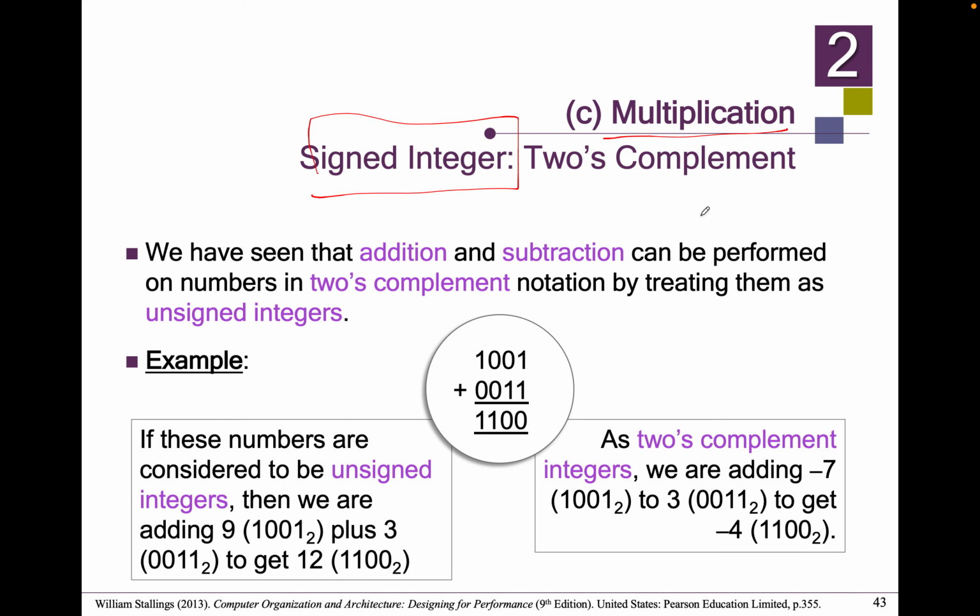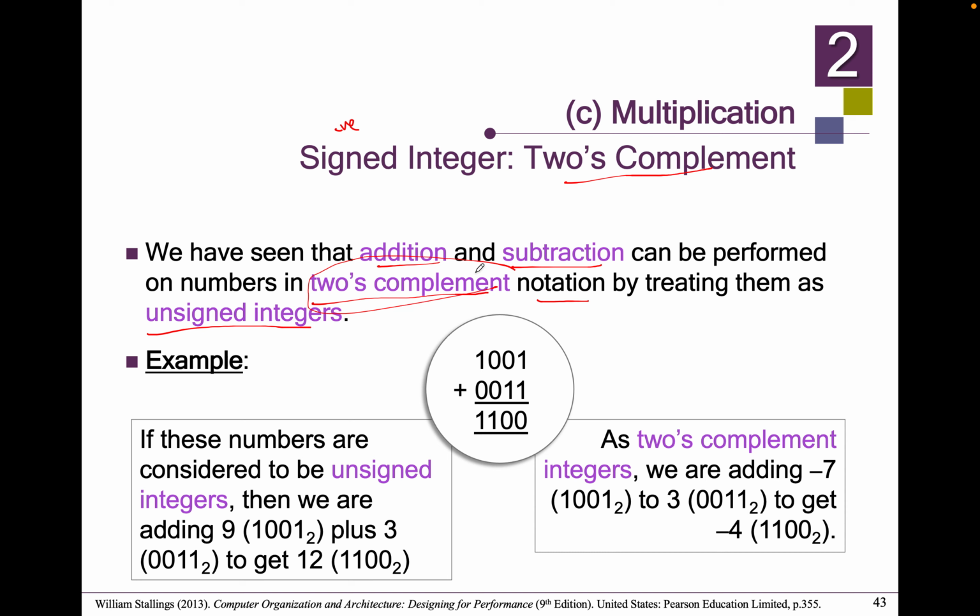But when you apply it with a signed number, as I mentioned, which is of course negative or positive, for the negative part normally you're going to apply the two's complement. We have seen the addition and subtraction in the previous slide, which can be performed on two's complement notations by treating them as unsigned integers.